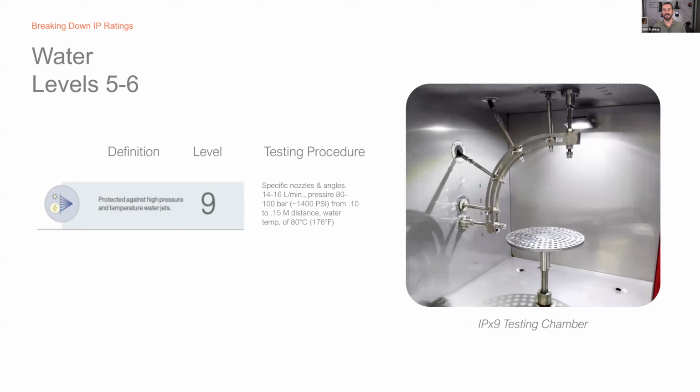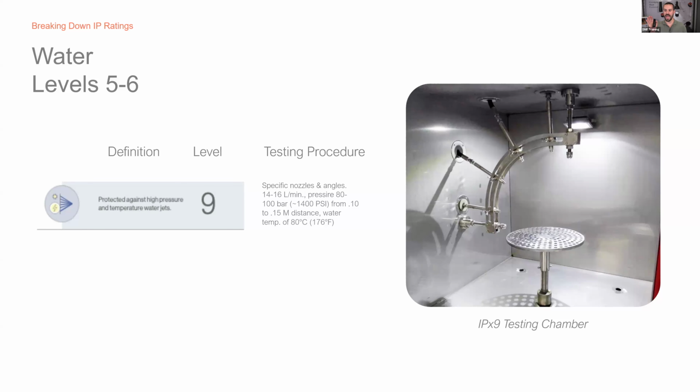Level number 9, this is the most intense level that there is for protection against water. And this is protected against high pressure and high temperature water jets. So this is quite a large leap actually from some of the previous levels. There's this very specific testing chamber, or again, they'll scale it up for larger objects.